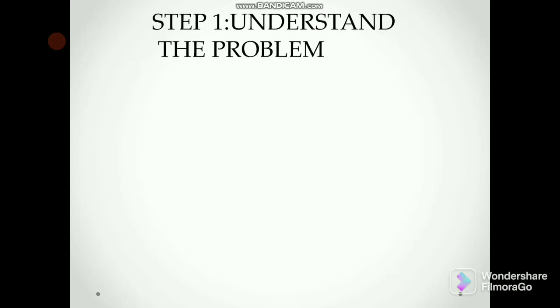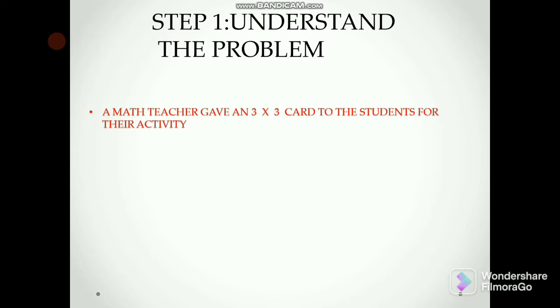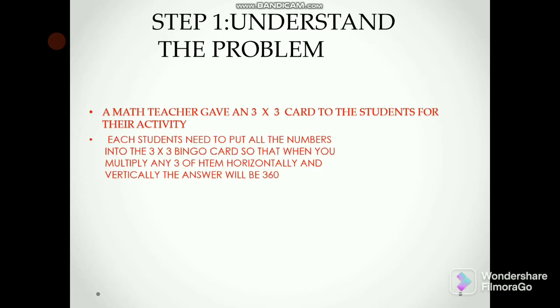So for step 1, we're going to understand the problem. The problem is a math teacher gave a 3x3 bingo card to the students for their activity. Each student needs to put all these numbers into the 3x3 bingo card so that when you multiply any 3 of them, whether horizontally or vertically, the answer will always be 360.